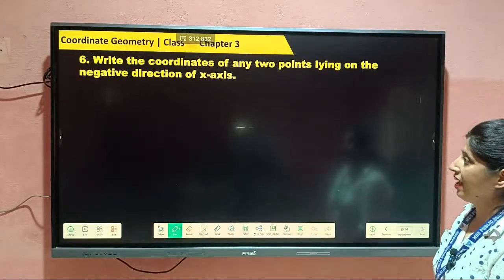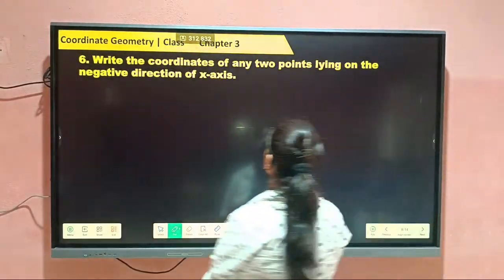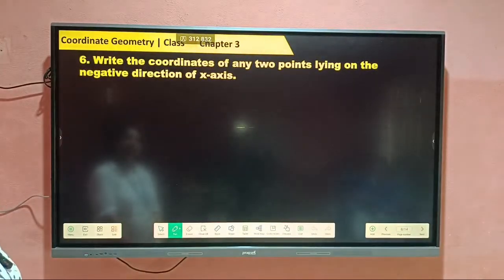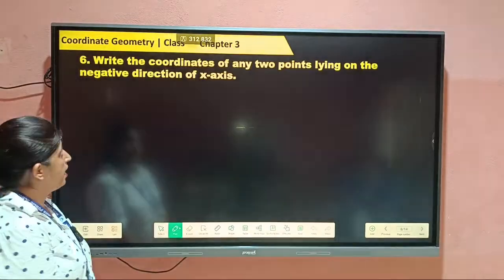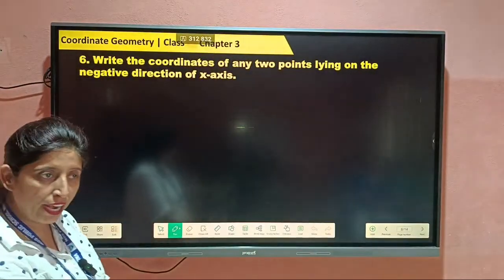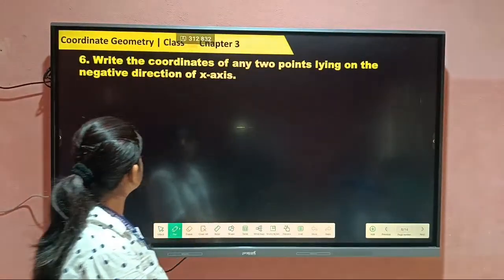Okay. Next, write the coordinates of any two points lying on the negative direction of the x-axis. It's our choice which coordinates we want to write, because it is given.